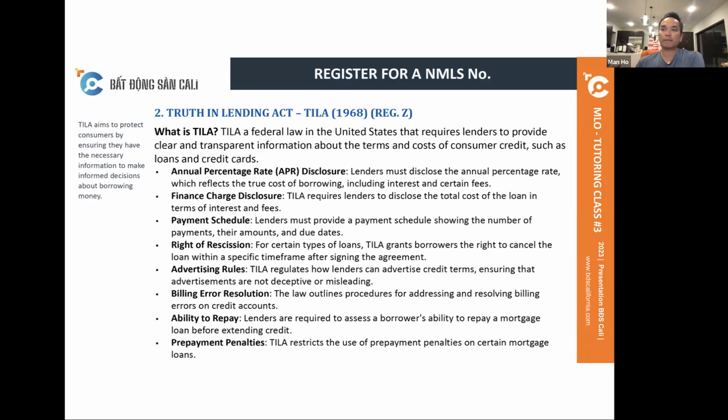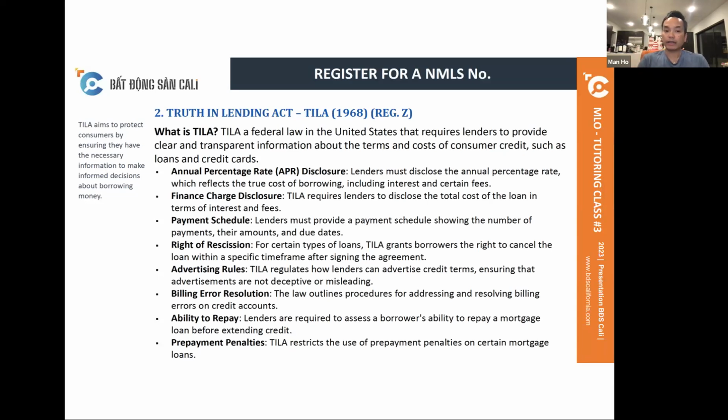If you market a product to somebody, that somebody needs to understand what product you are trying to sell to him or her. So you need to disclose the APR. In the Truth in Lending Act, a lot of this means you need to disclose, you need to tell, you need to show, you need to make somebody aware. That's why it's called truth in lending.